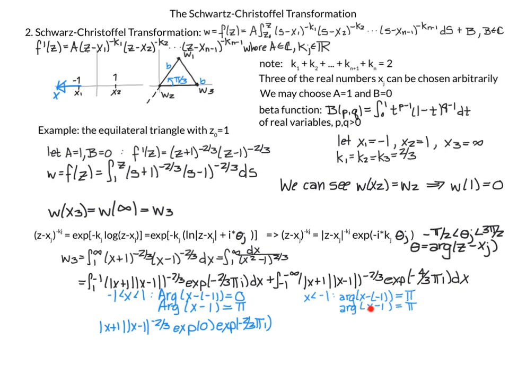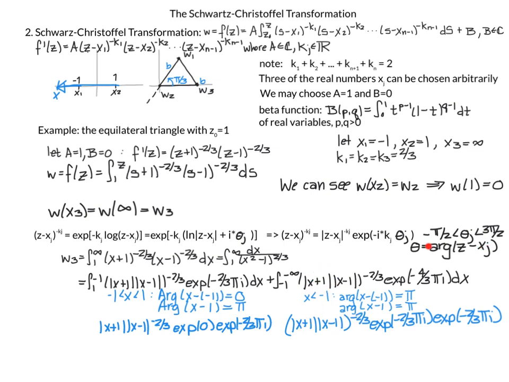Now let's look at the argument of x minus 1. We're starting at 1 and going towards x. Again, our direction is negative, which means our argument is equal to pi. So I'm going to now write out our factors. We have our x plus 1 and our x minus 1 to the 2/3.